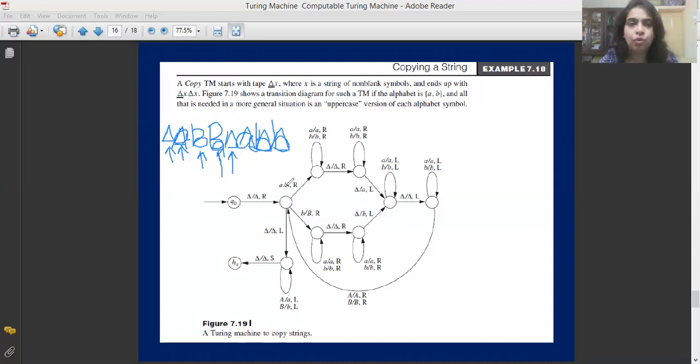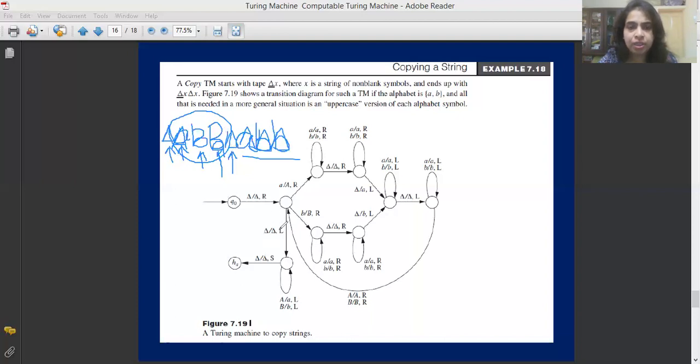Now on the right, we don't have any more small a or small b, but we directly have a blank. The minute we have a blank here after this capital letter, what does that mean? We have finished copying the entire string here. Now, as I said, the original string should remain on the tape as it is. So what we shall do is keep this blank as it is.